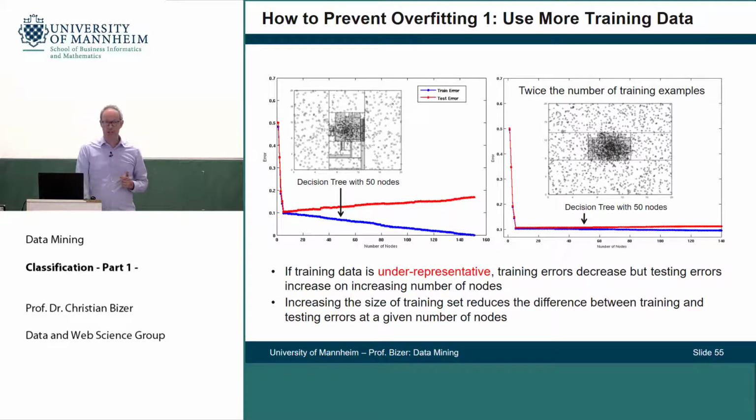We add a significant amount of additional training data, which usually narrows the gap between the training error and the test error, because as there are now more examples, the algorithm has a more solid foundation for setting these decisions.